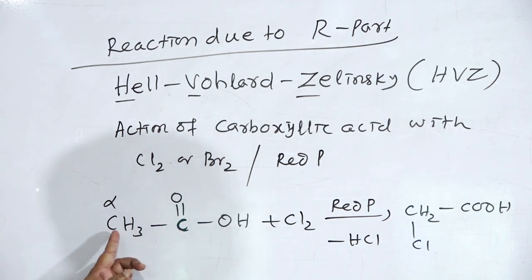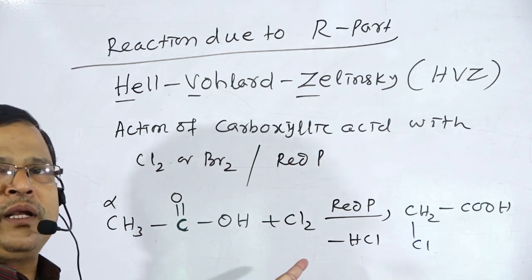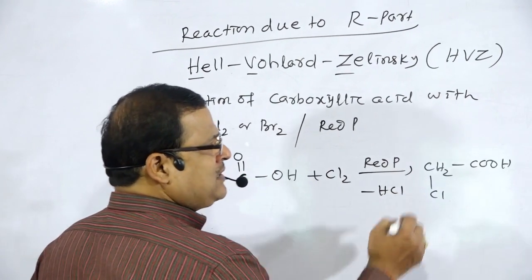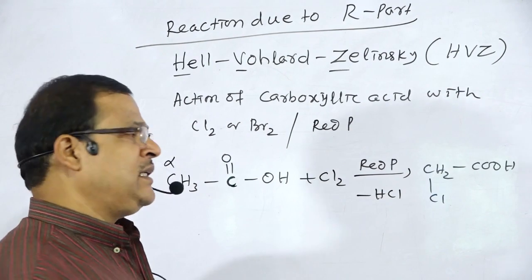The 3 alpha hydrogen atoms are replaced by chlorine or bromine one by one in subsequent steps, with the formation of monochloro, dichloro or trichloroacetic acid.